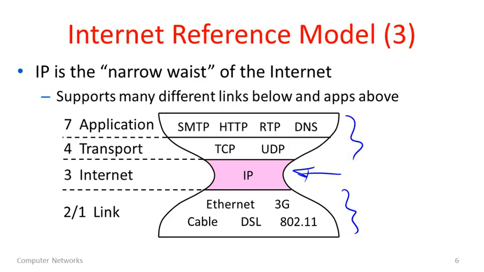And we can change any of those new link layer technologies or any of those new applications and transport protocols, and we would expect to be able to interoperate across all of these systems because we have a common layer in the middle, IP, which is the narrow waist of the internet, providing connectivity between all of the diversity below and all of the diversity above. So this narrow waist using IP is at the heart of innovation in the internet.